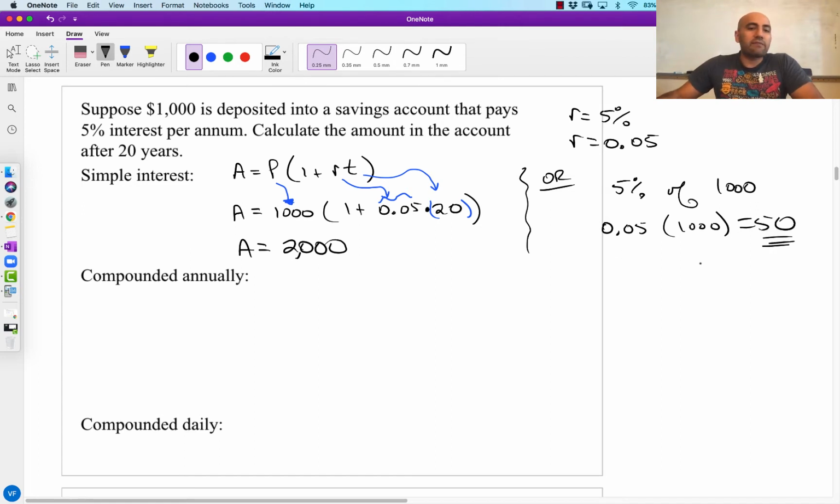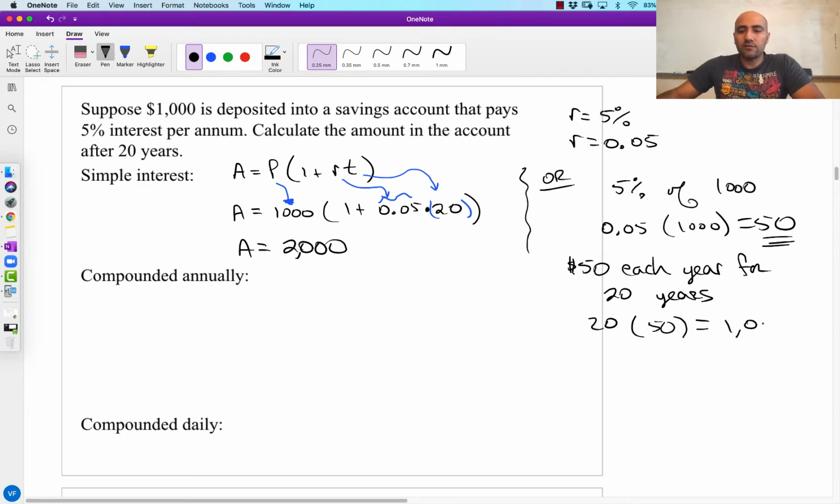So we're going to get $50 each year, every year for 20 years. Well, that's 20 times 50, which equals 1,000.